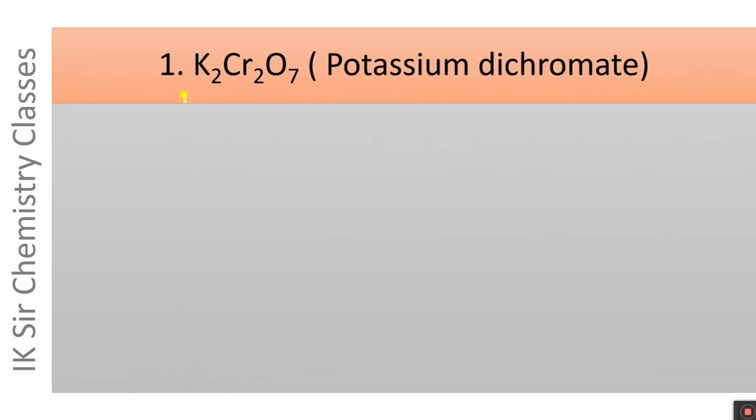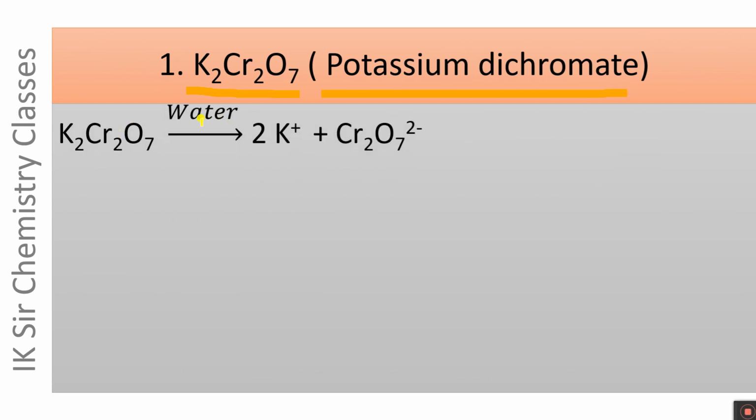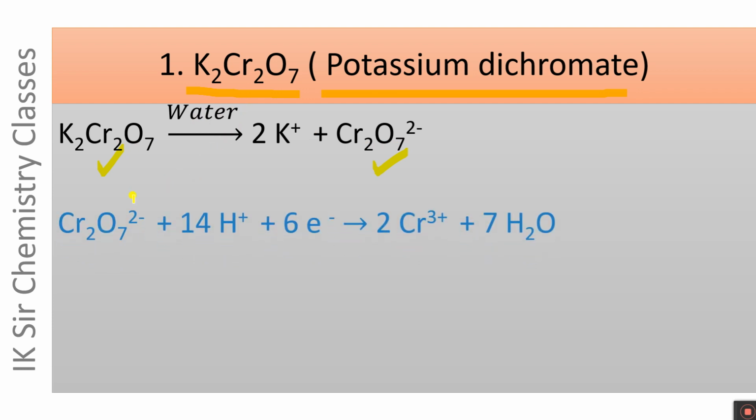First of all, K2Cr2O7, that is potassium dichromate. When potassium dichromate is dissolved in water, its one molecule furnishes one dichromate ion, Cr2O7 2- ion. And when K2Cr2O7 acts as an oxidizing agent, itself is reduced.